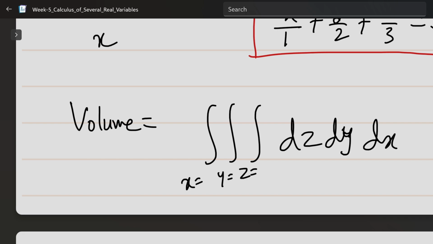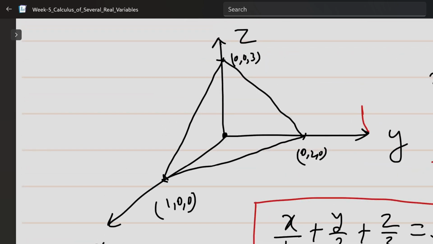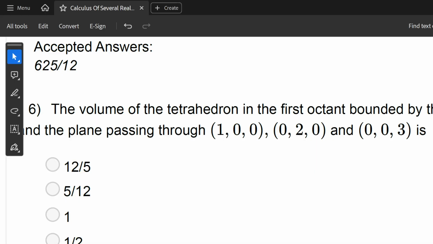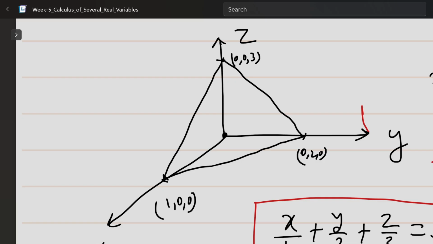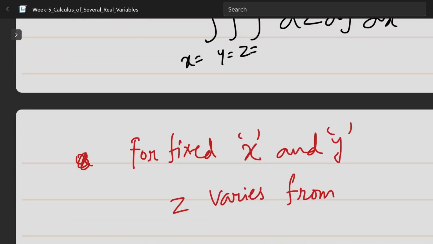So for fixed x and y, z varies from where to where? z will start from 0. The question says first octant, that means it will start from the origin and go into the first quadrant, similarly to the first quadrant in the 2D plane.